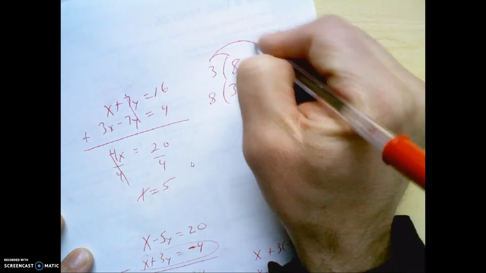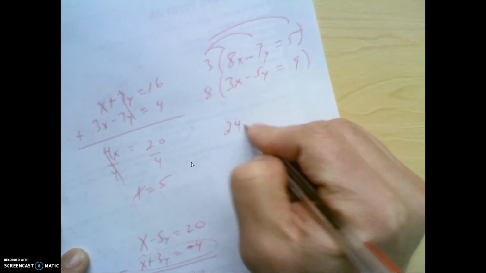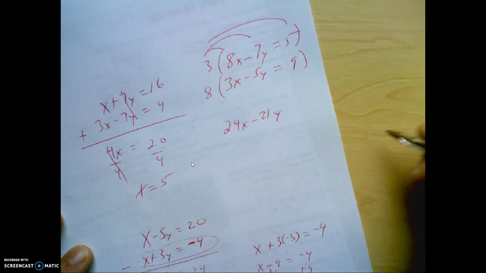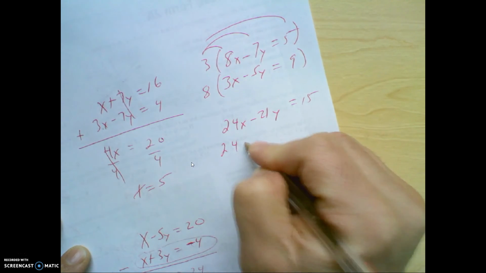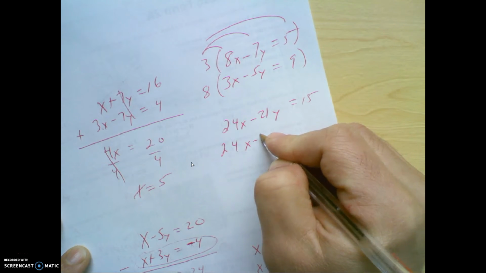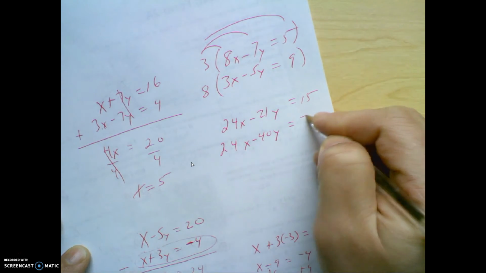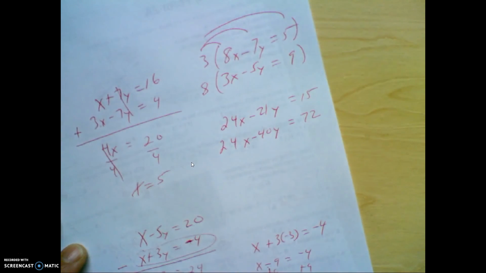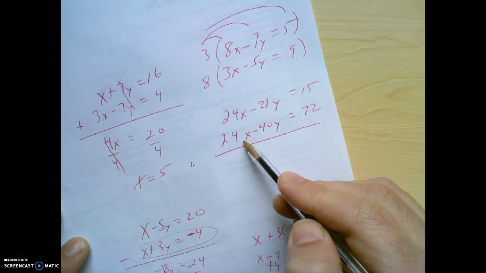So I'm going to distribute that 3 to all 3 terms in the top. And that gives me 24x minus 21y equals 15. And 24x minus 40y equals 9 times 8 is 72. Okay. All right, so I'm going to eliminate 24x and 24x.